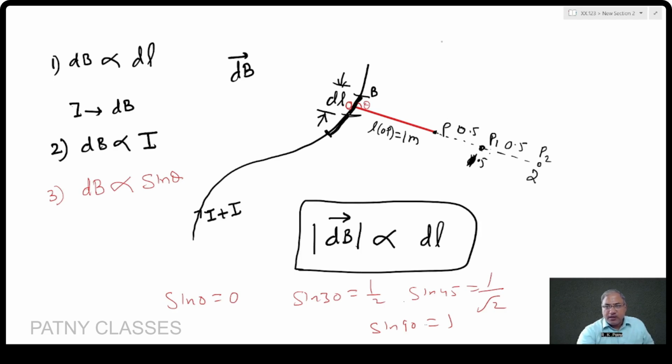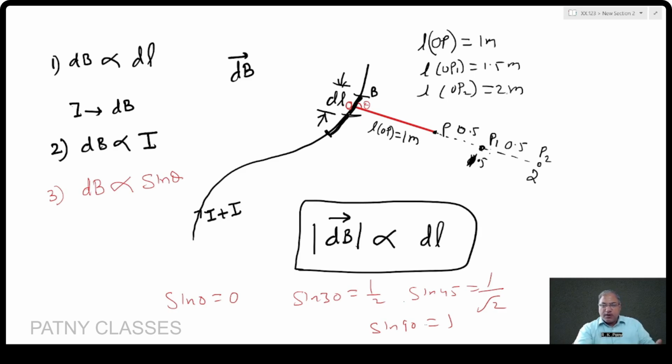So length OP is 1 meter, length OP1 equals 1.5 meter, and length OP2 equals 2 meter. I selected meter here to make you understand. It may not be meter, it may be centimeter, or it may be mm.